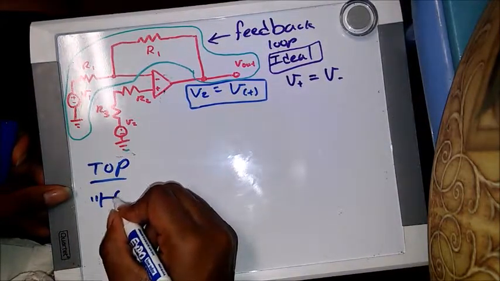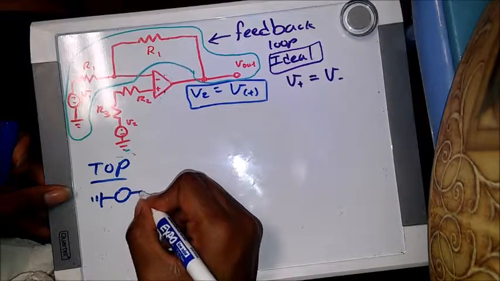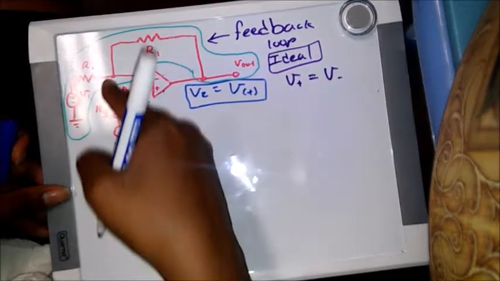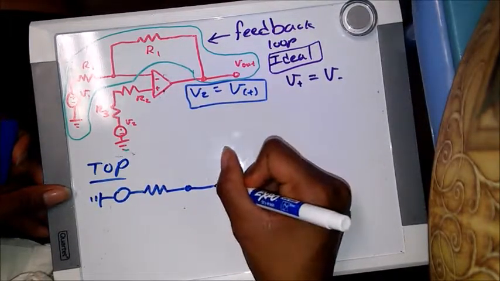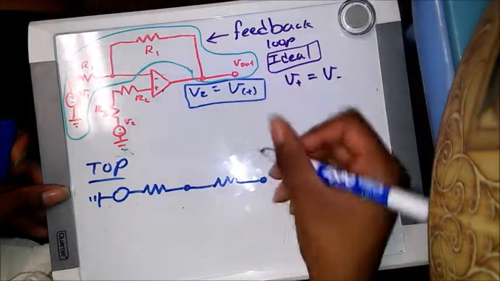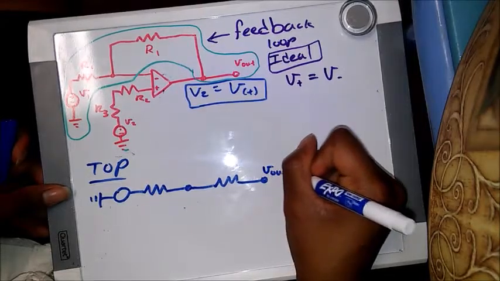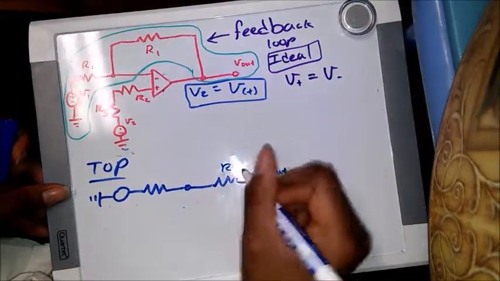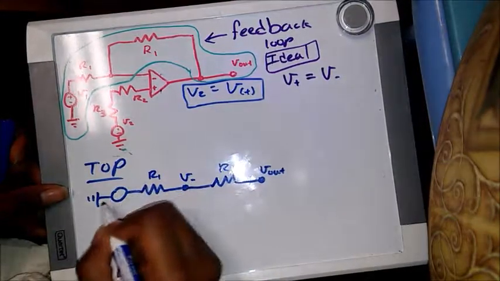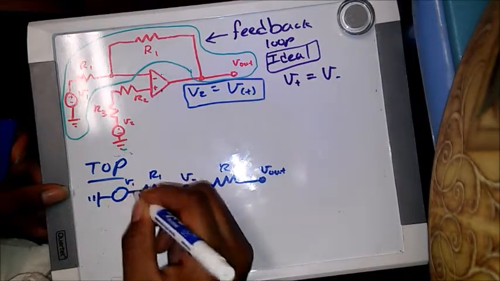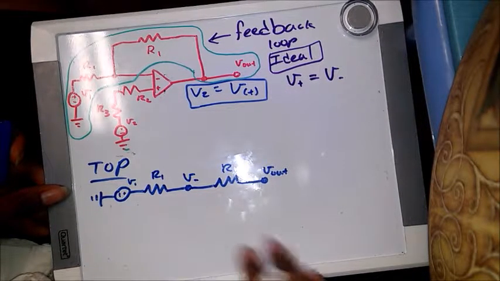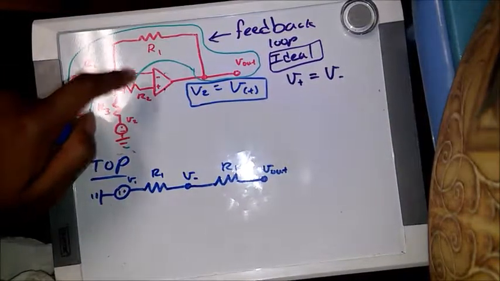And we're going to go to this voltage source and a resistor and a node, that's this one right here, and a resistor and another node, which is V out. I'm going to label everything. So V out, R1, R1, V minus, V1 plus minus. And that's what our top half looks like. So that's everything up there.